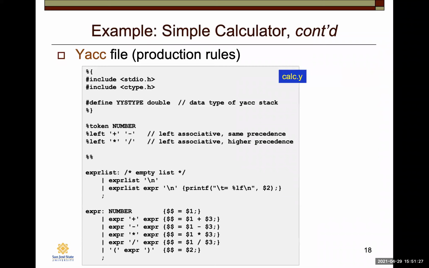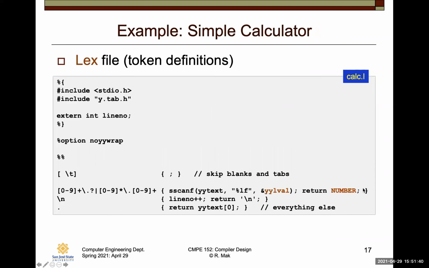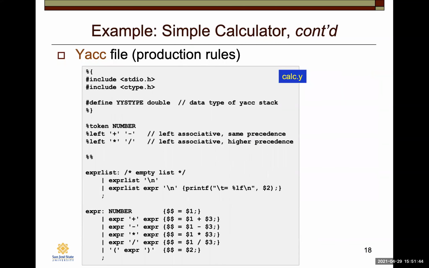Well, then here is the Yacc file. It has all the production rules. Here are the tokens: token NUMBER, which is one of the things that the scanner could return, and then other tokens are plus sign, minus sign, star, and slash.